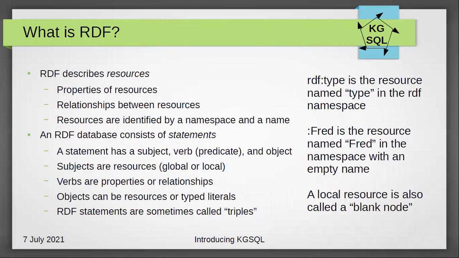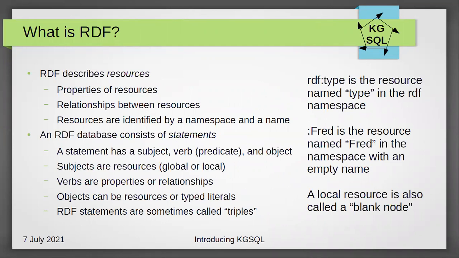So what is RDF? RDF describes resources. And these resources can have properties, relationships between resources, and the resources are identified by a namespace and a name. Now, a database or an RDF graph consists of statements.